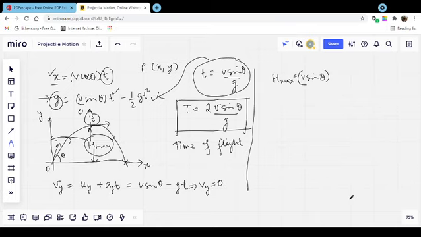So v sin theta into time, that is v sin theta by g, minus g by 2 into t square. Squaring the value of t, we get v square sin square theta by g square.